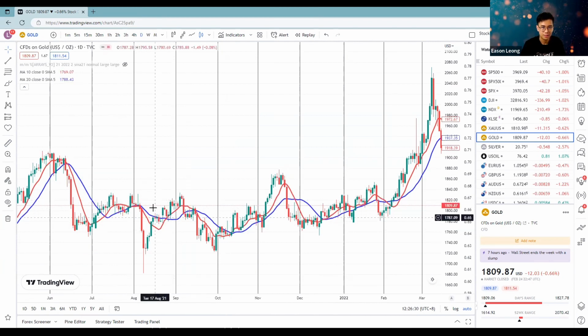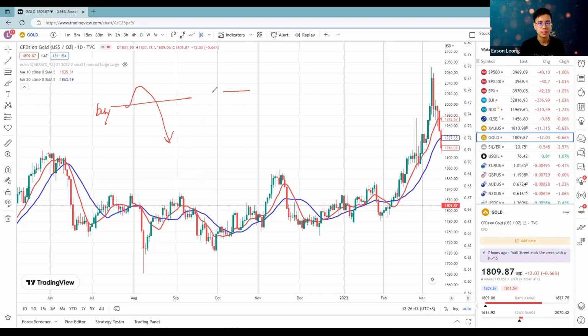Then you buy here, and it pulls back down. Meaning that every single time you enter the market, you make a buy, it goes down. You make a sell, it suddenly goes back up. It's always against you. How many of you actually face this kind of problem? Type a me in the chat box.